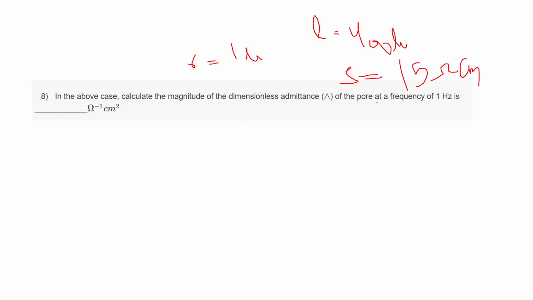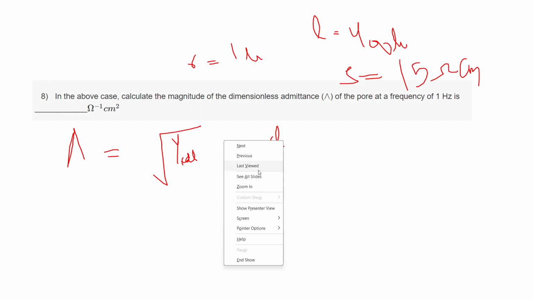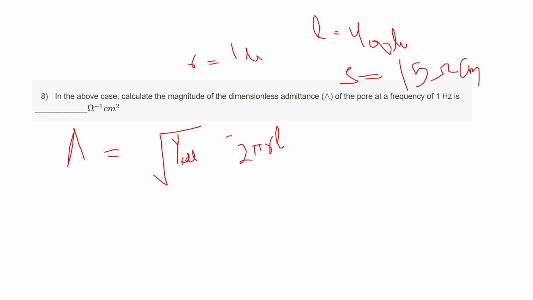So, what is the formula for dimensionless admittance? Anyone? So, there's the formula.